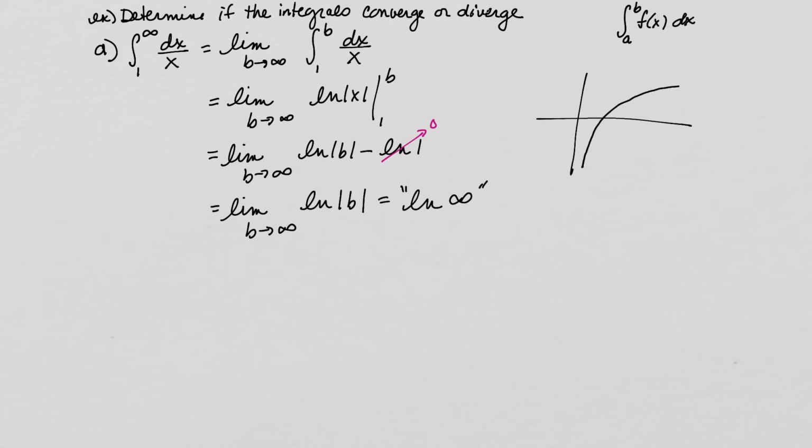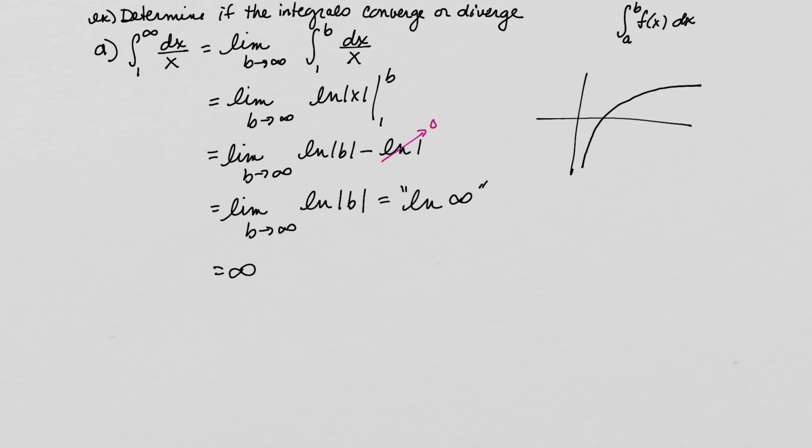Remember, the natural log starts out pretty slow, and then it keeps growing forever, but it grows pretty slowly. So what happens to that graph as x goes towards infinity? Yeah, so this whole thing ends up being equal to infinity, because the natural log of infinity is just infinity.